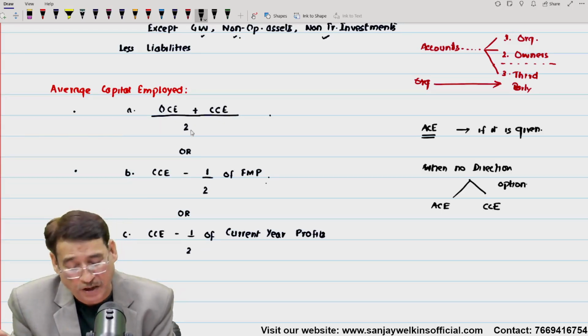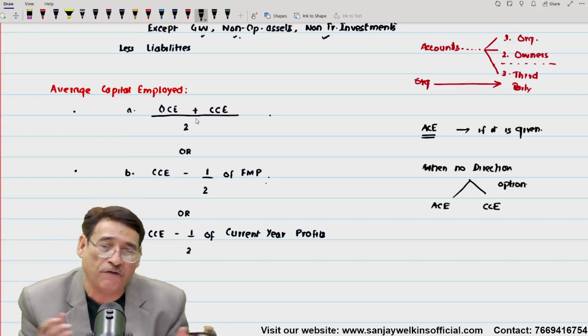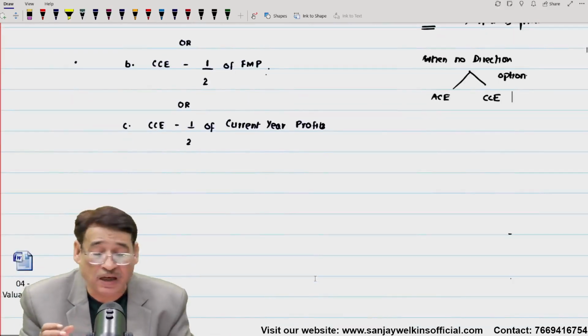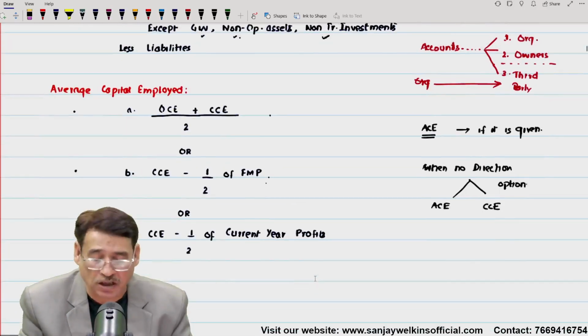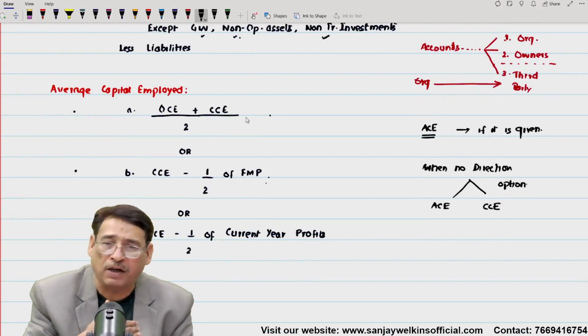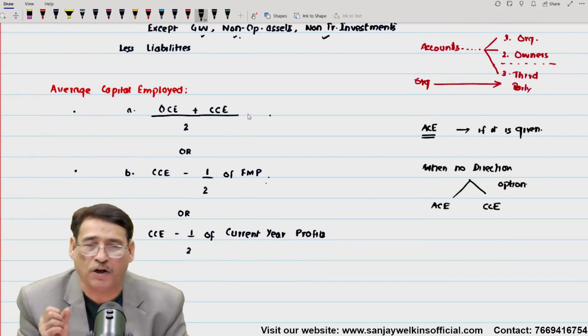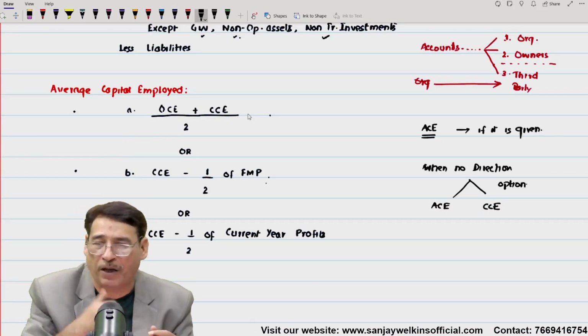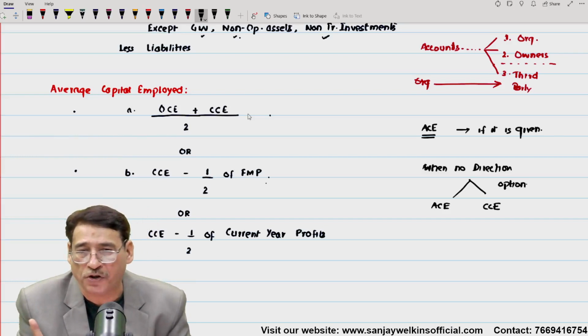I will simply take the average and I can compute the average capital employed. But the problem is that even if I wish to use this particular method, I cannot get it fulfilled because in the question, more often than not, we would be given only the closing balance sheet, not the opening balance sheet.